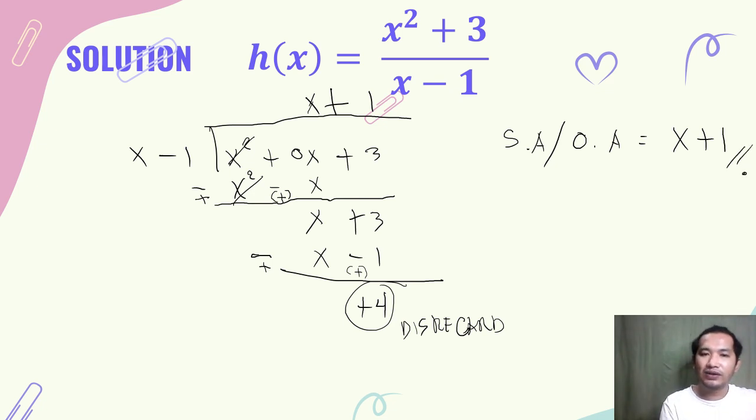Alright, so ayan, ganyan yung solution ng pagkuha ng oblique or the slant asymptote. Okay, pwede din kayong gumamit ng synthetic division. Alright? Take note of that.